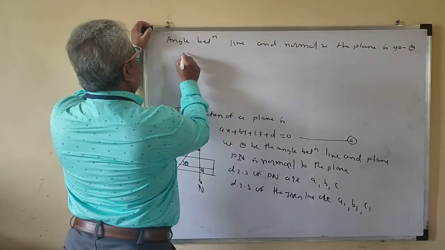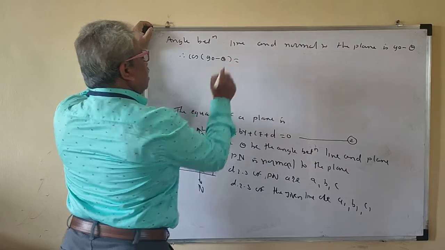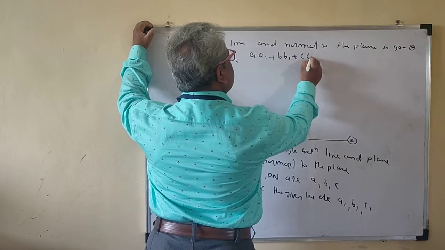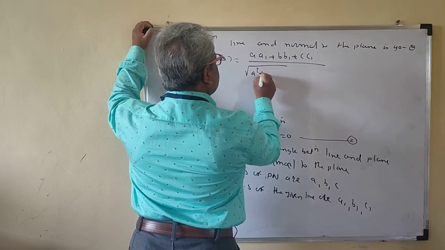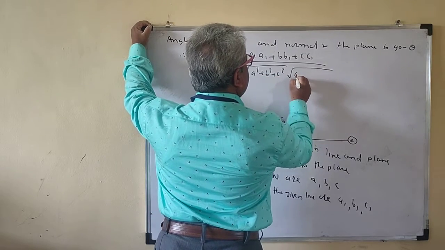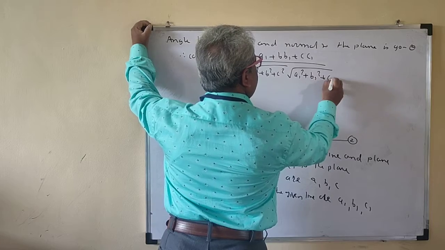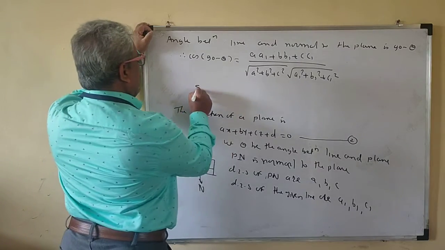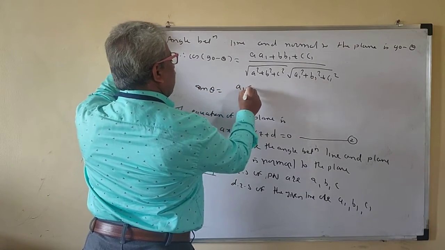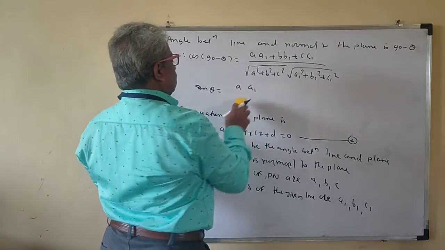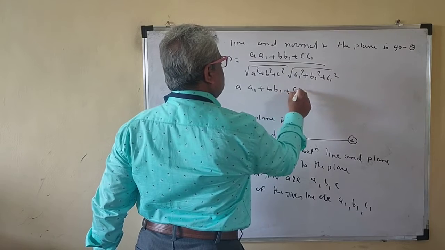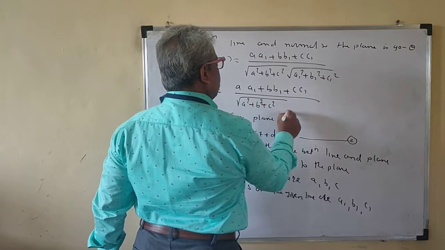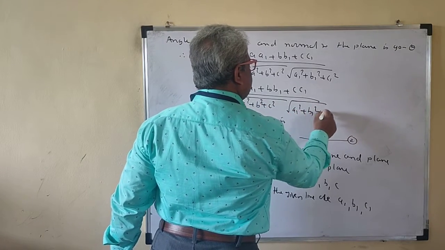Therefore cos(90 minus theta) is equal to (a a1 plus b b1 plus c c1) upon root of (a square plus b square plus c square) into root of (a1 square plus b1 square plus c1 square). This is the formula. But cos(90 minus theta) is sin theta. So sin theta is equal to (a a1 plus b b1 plus c c1) upon root of (a square plus b square plus c square) into root of (a1 square plus b1 square plus c1 square).